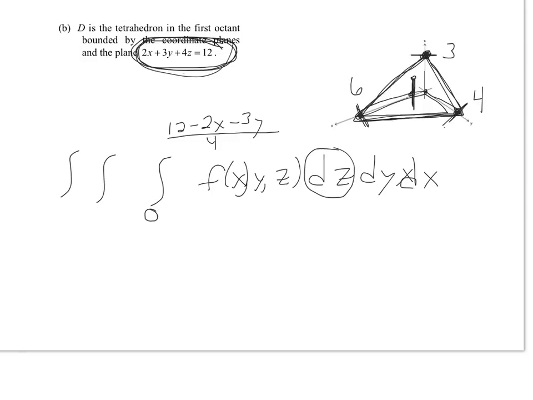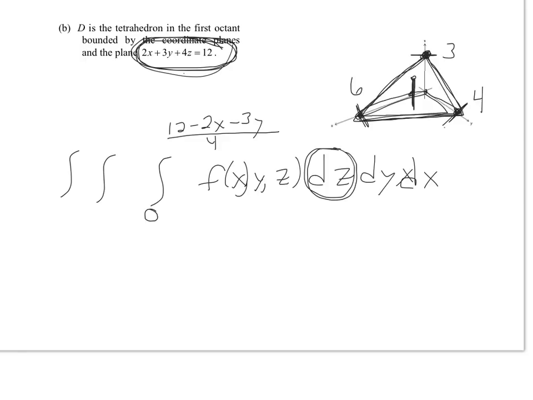Now what about the middle limits and the outermost limits? Well, just like in the previous example, now that we've gotten one variable over and done with, what we need to do is look at the shadow that this solid makes in the coordinate plane of the remaining two variables. So in this case, we want to look at the shadow that this solid makes in the xy plane.